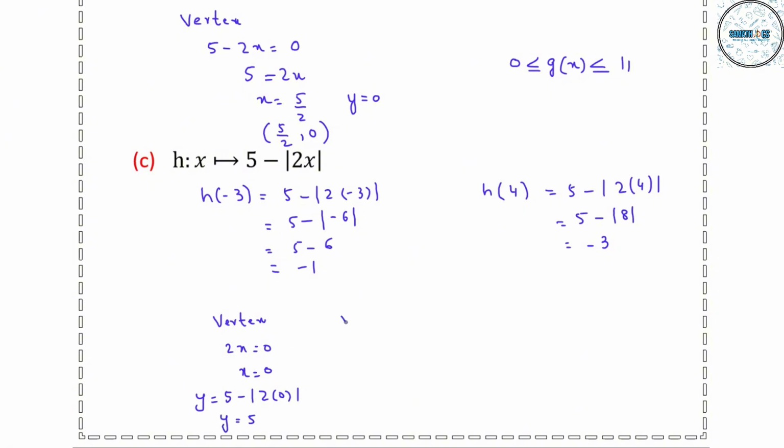So vertex is 0, 5. Now we will write down the range. We will consider the smallest value of all these, which is minus 3, and the greatest value, which is 5. So the range of h of x is from minus 3 till 5.